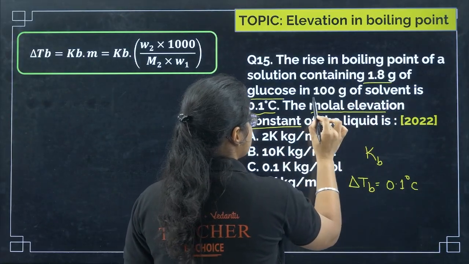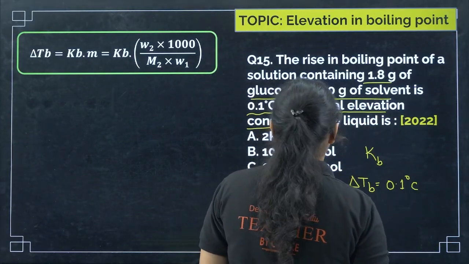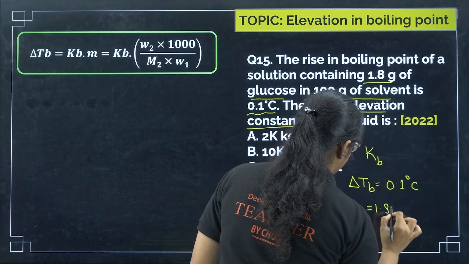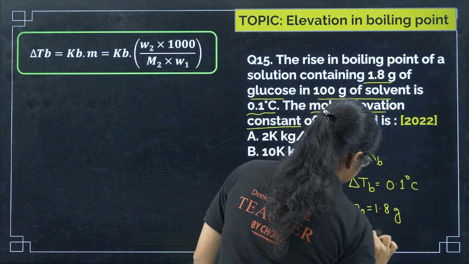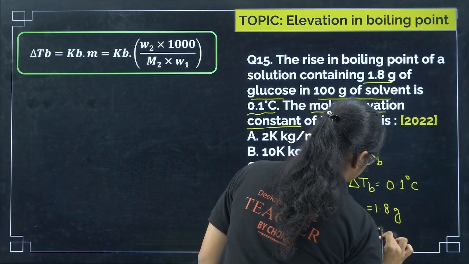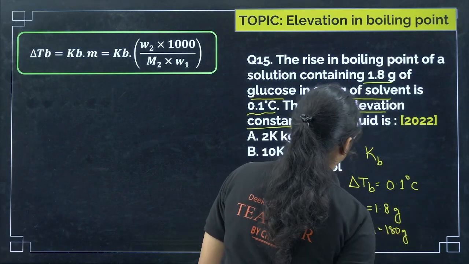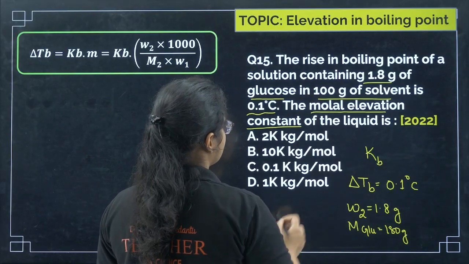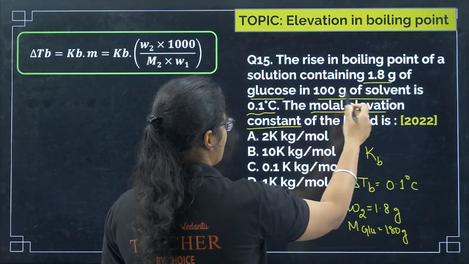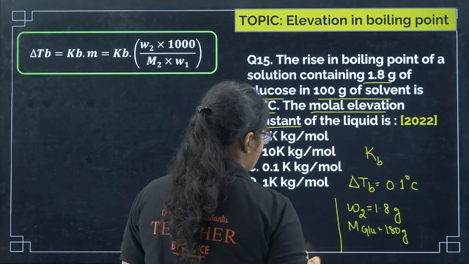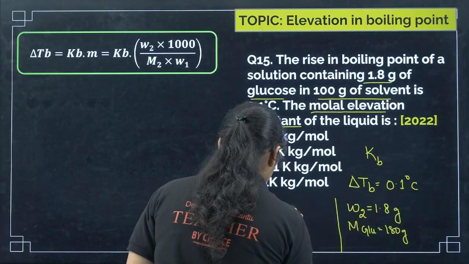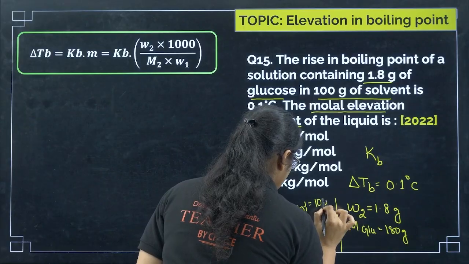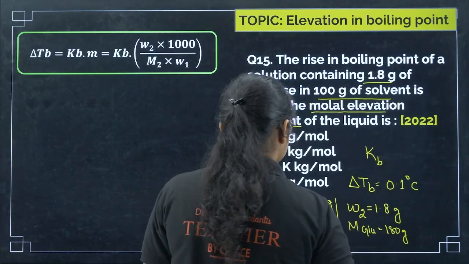W2 is 1.8 gram, the molar mass of glucose is 180 gram, and the mass of the solvent is 100 grams.